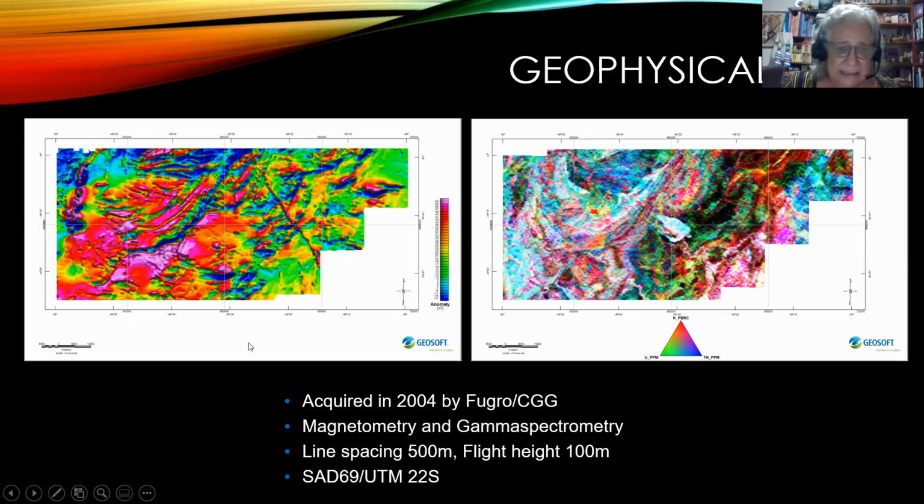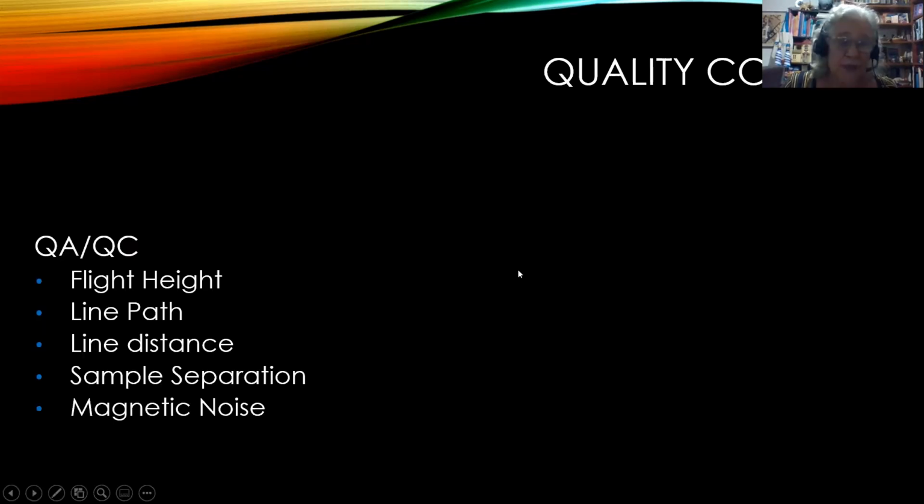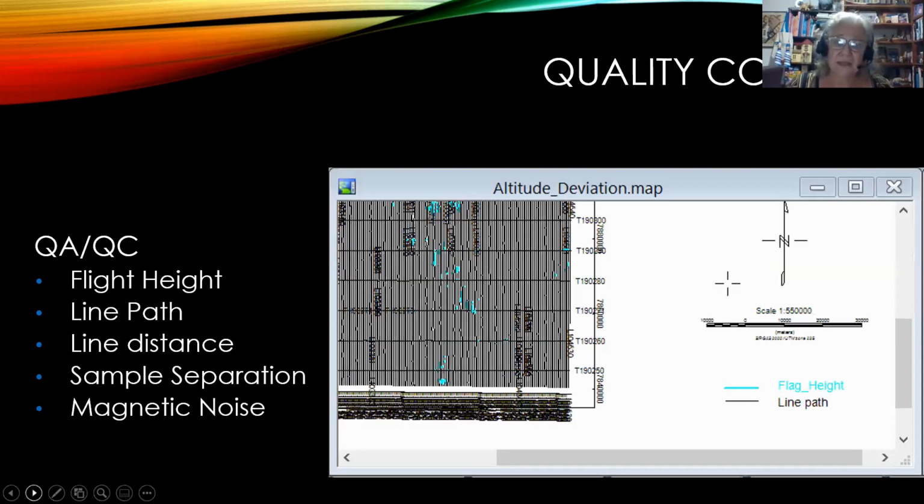So here's the data, the ternary, but I'm going to show you the full process for this. We have taken this data and did the whole process. First, the QA/QC that you need to do while you are flying, because later it will be too late, and you need to have high quality data and look that your inversion really brings you good data.